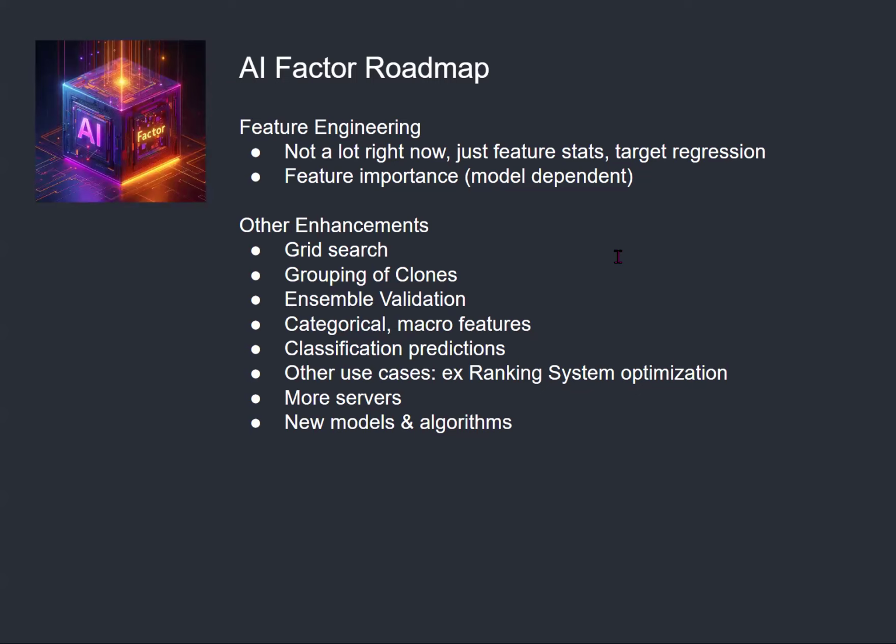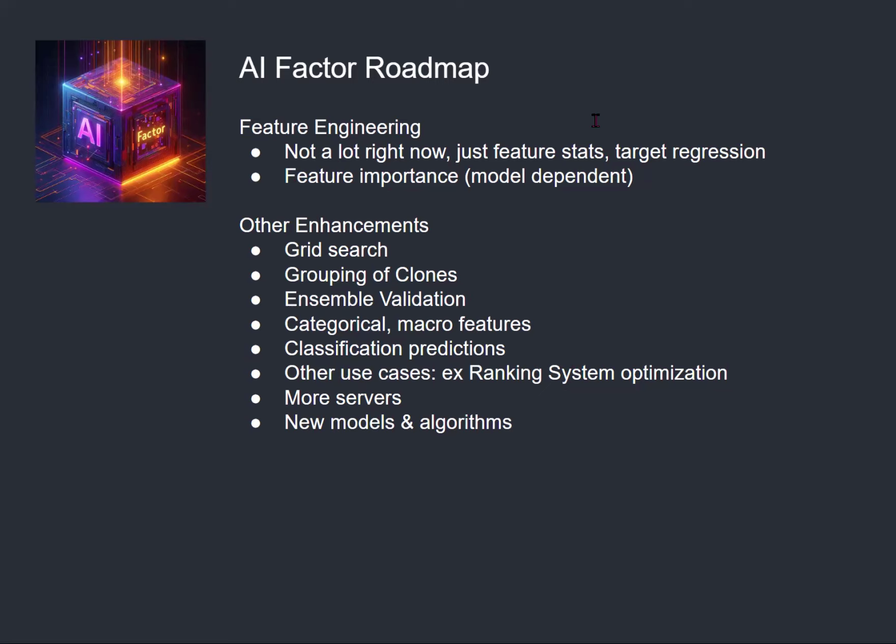We have a lot of work ahead of us. There's a lot of work to do in feature engineering. There's not a lot right now, just basic statistics. Feature importance is coming soon, but the one that is model dependent. Other enhancements that we have planned is grid search.